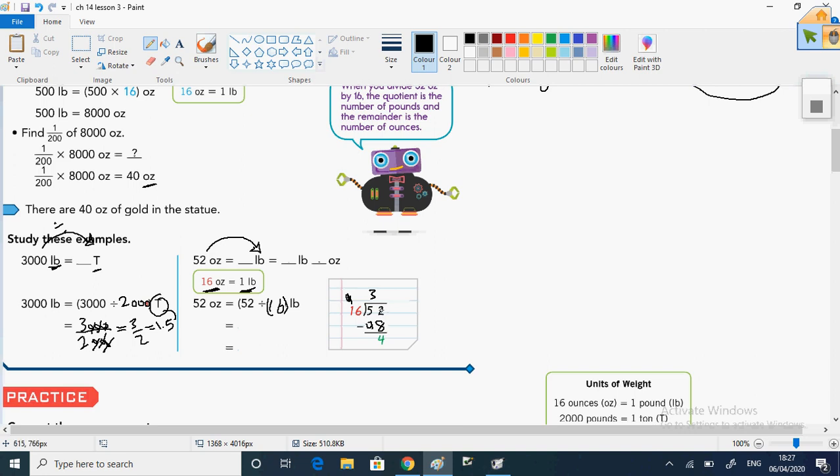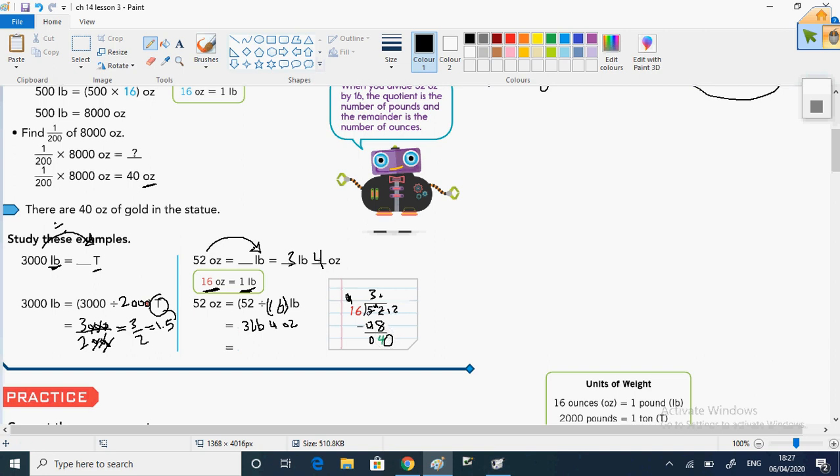Now subtract: 2 minus 8, we have to regroup, becomes 12, and this one becomes 4. 12 minus 8 is 4, and 4 minus 4 is 0. Look here, I can see I have 3 lb and 4 oz left over. Or I can keep dividing, add a decimal point and add 0 to the dividend.